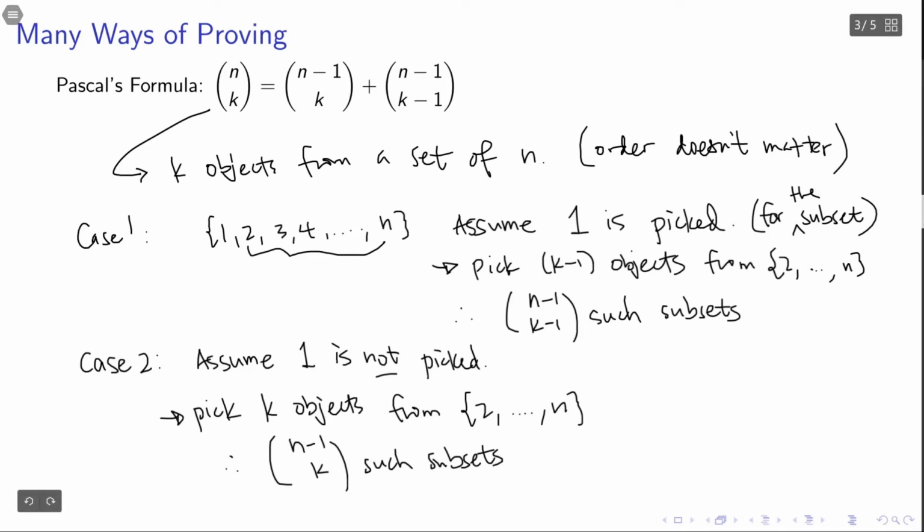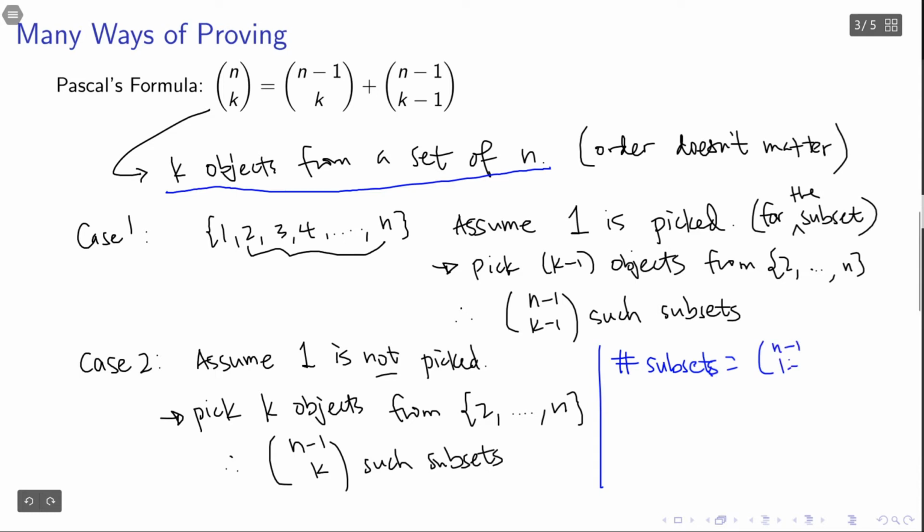And, well, what does the sum rule tell us? The sum rule says that the number of subsets of size k taken from a set of n, the total number of such subsets, is equal to simply the sum of what we got from these two cases, right?